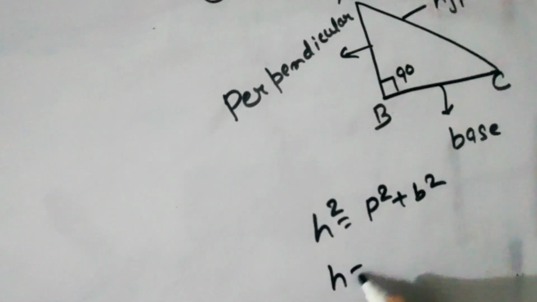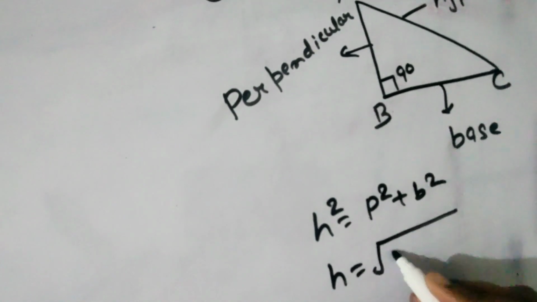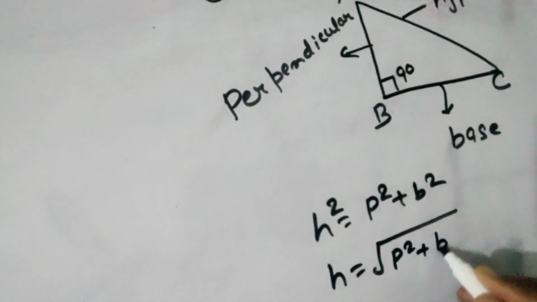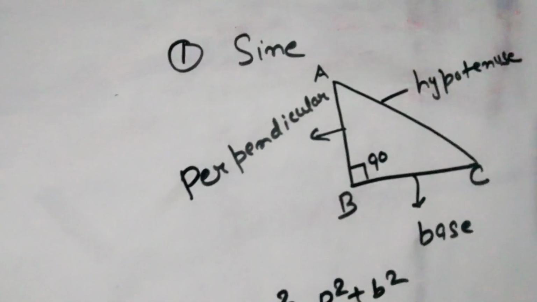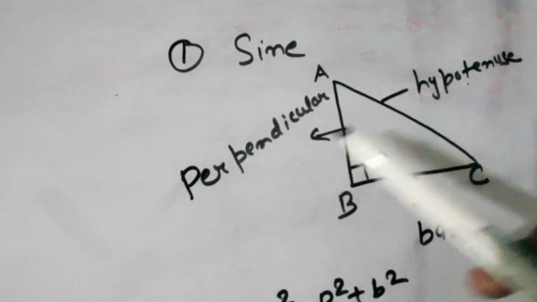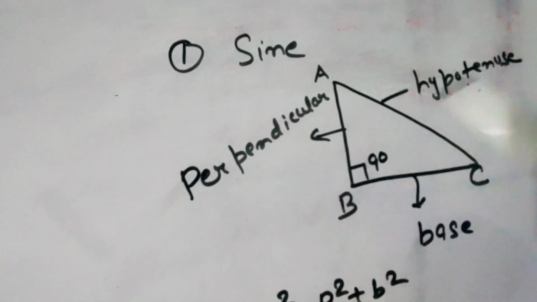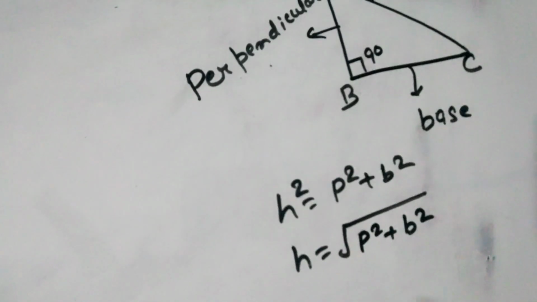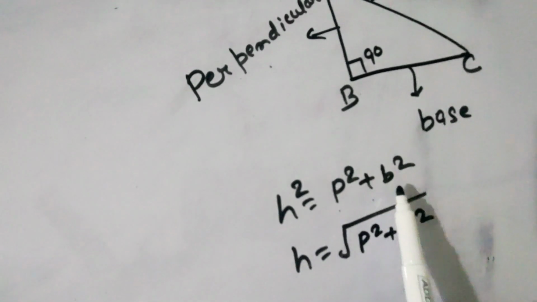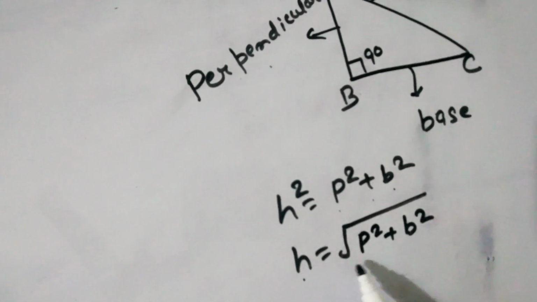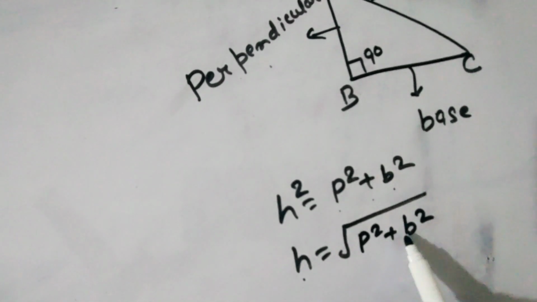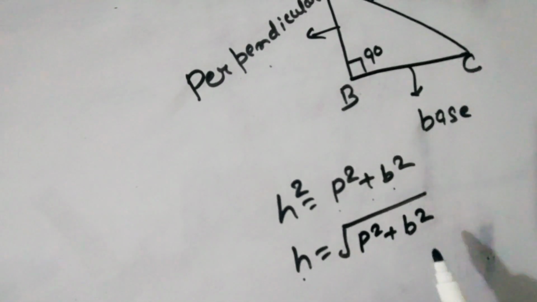So hypotenuse equals the square root of perpendicular square plus base square. Sometimes a question gives the hypotenuse and base and you find the perpendicular, and sometimes it gives perpendicular and base and you find the hypotenuse. For this we use this formula.